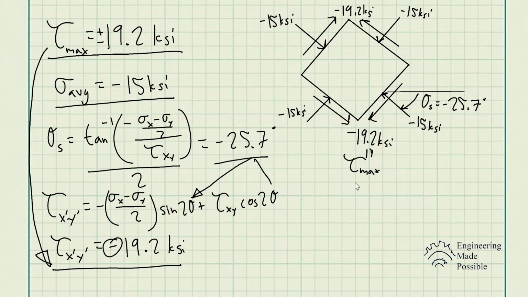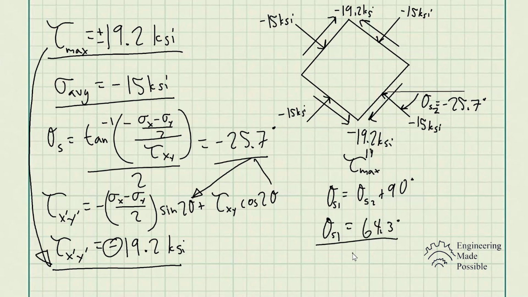Similarly to the principal stresses, where sigma 1 is greater than sigma 2, this one, since it will be the smallest value because we're dealing with the negative, but there's also the positive shear stress, this will be theta s2. And the other relationship was theta s1 is equal to theta s2 plus 90 degrees. We see theta s1 being equal to 64.3 degrees.